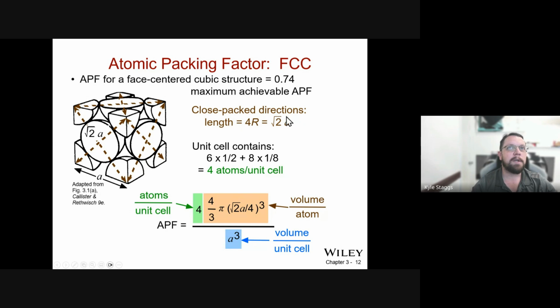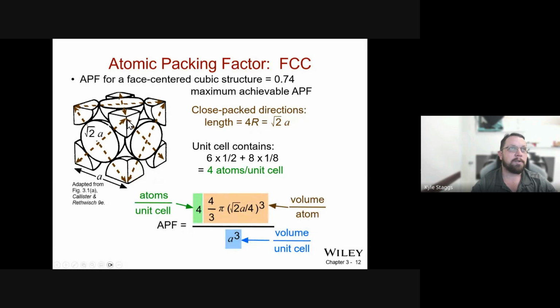Same kind of concept here. For this one, you have the square root of 2A over 4. So square root of 2A, meaning it's the same this way, that way, the other way. That's what they're trying to represent with this diagram. So A, square root of 2A.